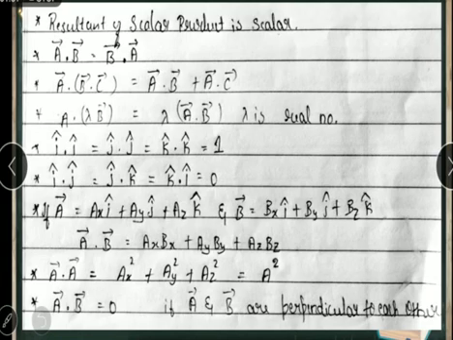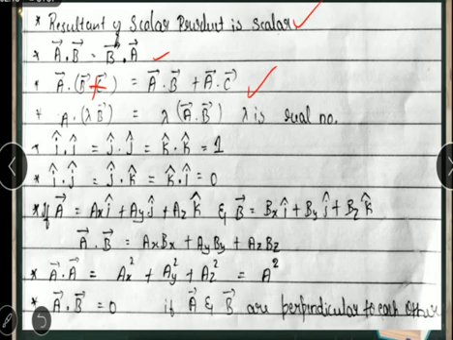Next, you know that the resultant of the scalar product is what? Scalar. It satisfies the commutative rule, that is A dot B is equal to B dot A. You also know that A dot (B plus C) is equal to A dot B plus A dot C. Okay.